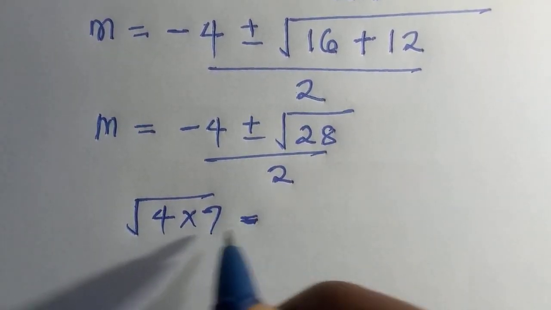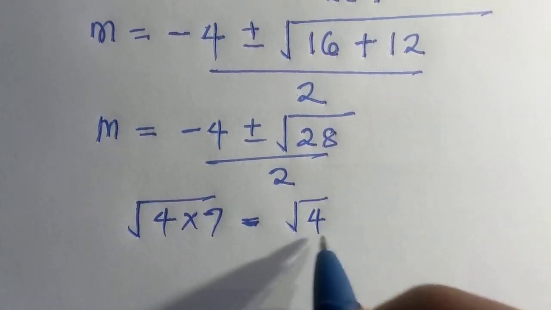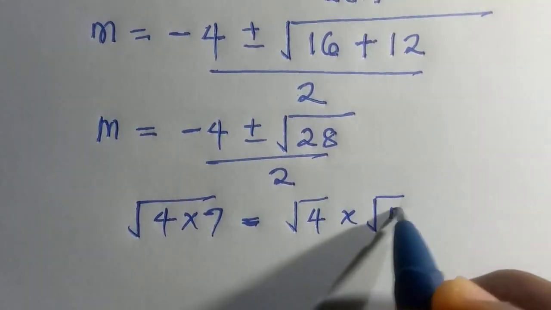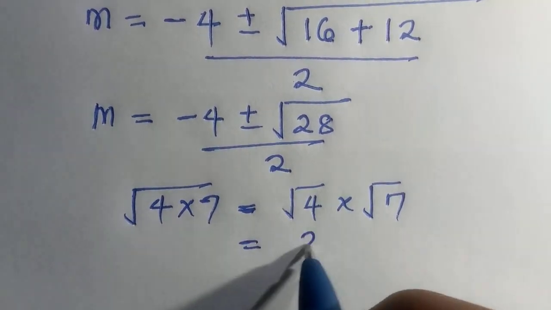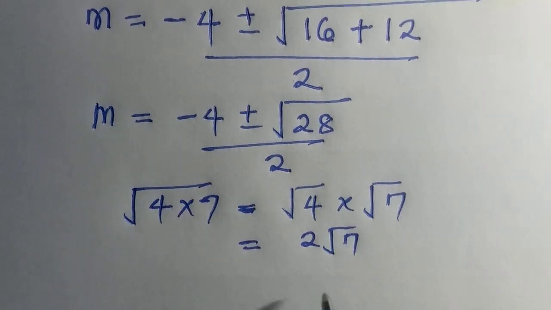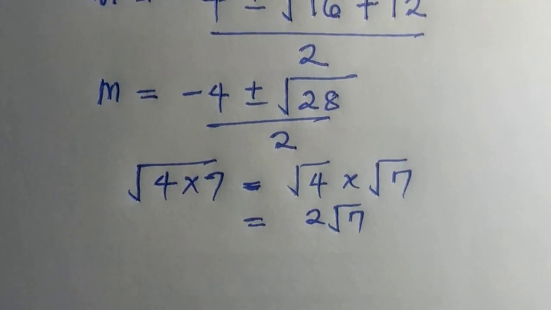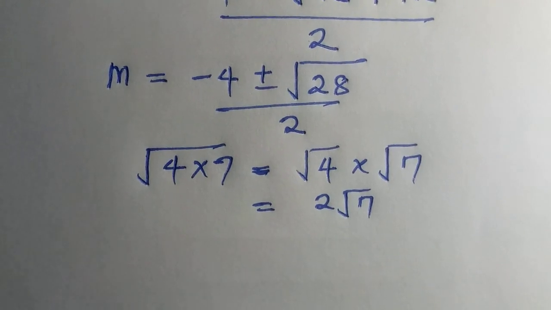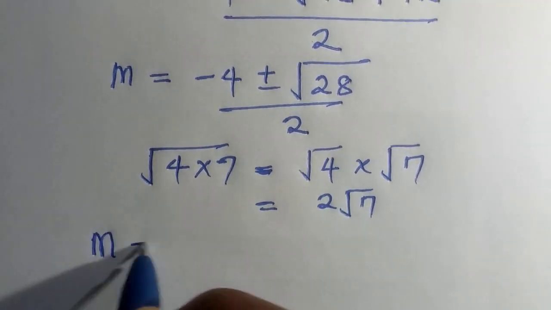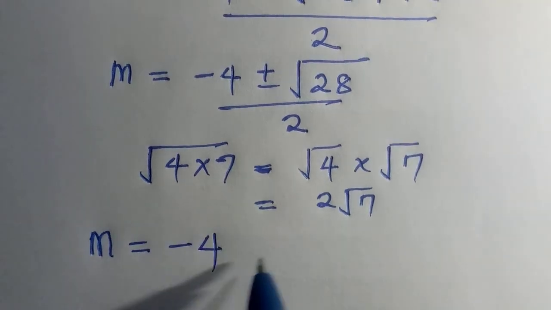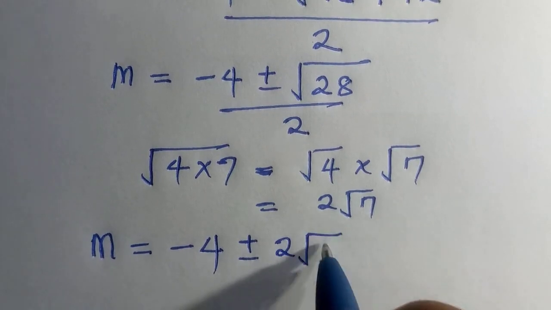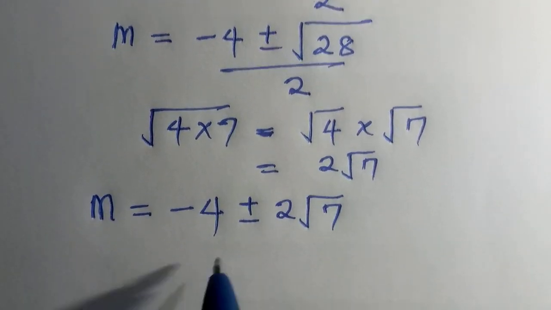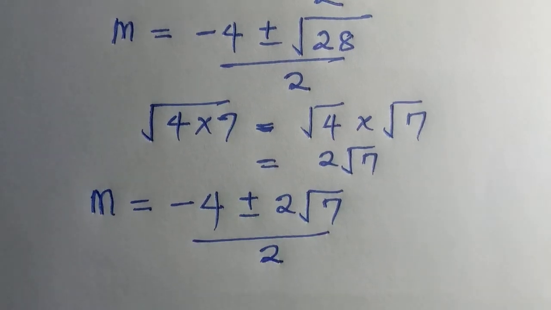And the rule says that we separate this as the square root of 4 multiplied by the square root of 7, and it gives us 2 root 7. That is, the square root of 28 is 2 root 7. So therefore we have m equals minus 4 plus or minus 2 root 7, divided by 2.